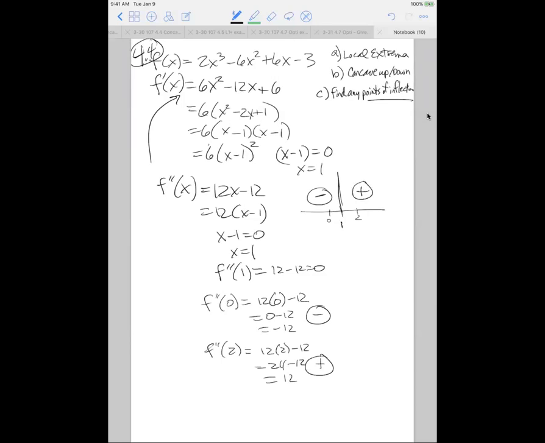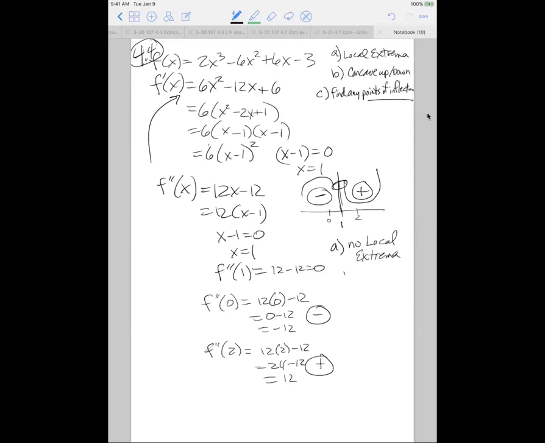That means it's going from concave down to concave up, and that verifies that it is a point of inflection. So the answers to the questions are: since the only critical point was at 1, and that turns out to be a point of inflection, there is no local extrema.